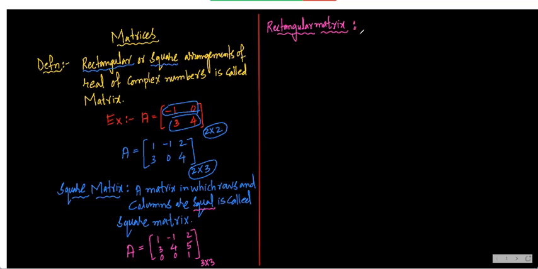Very good answer. Okay, so a matrix in which rows and columns are not equal.